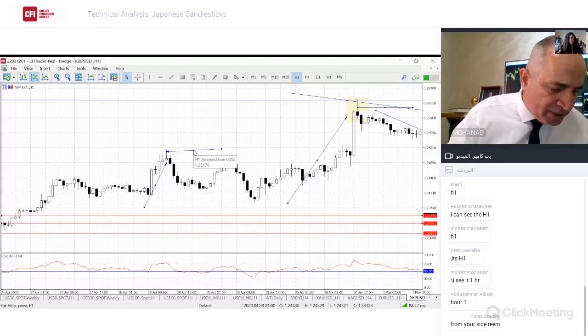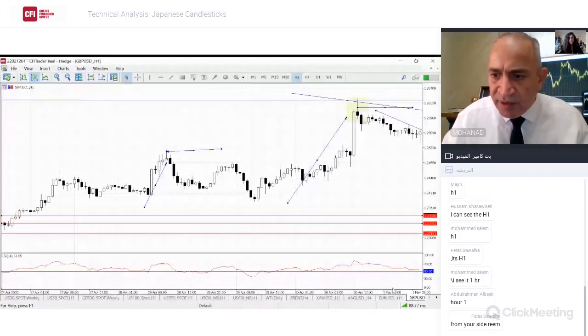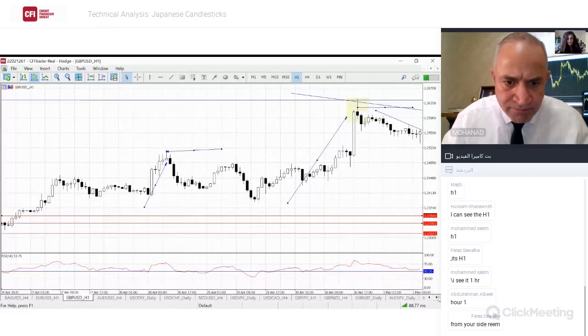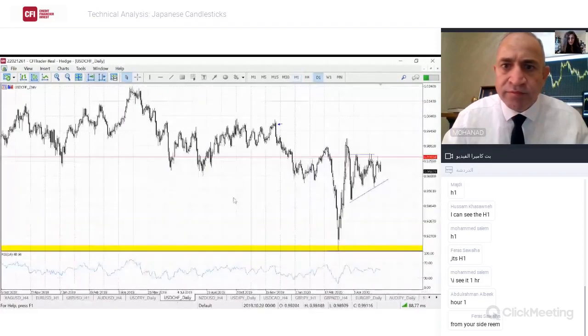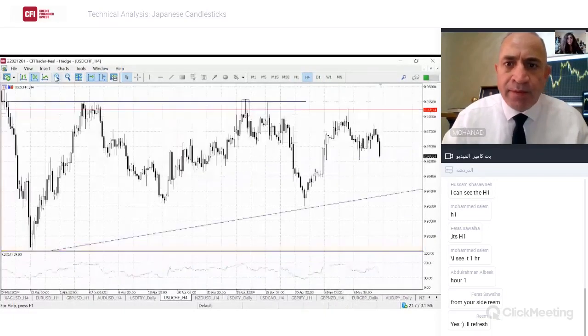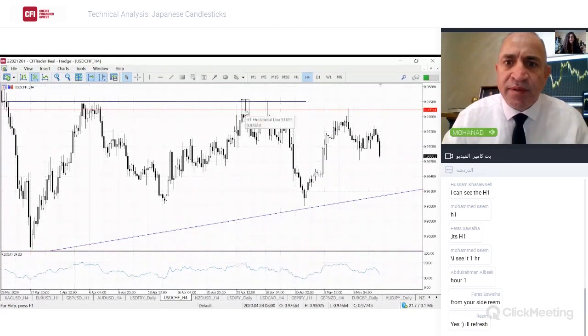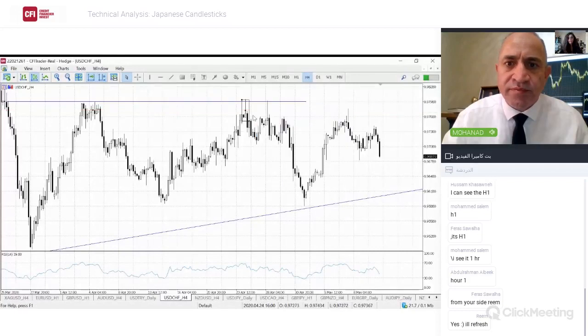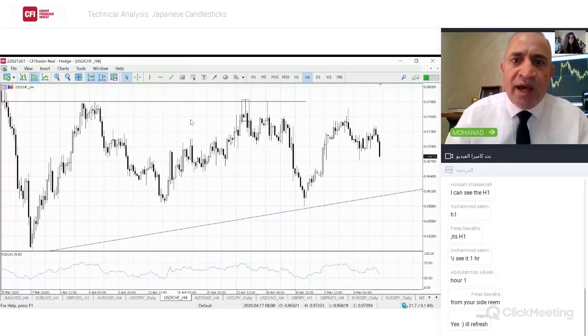I have another example. This is the franc. As we see, we have an uptrend. At the end of the uptrend, we have a shooting star candlestick.